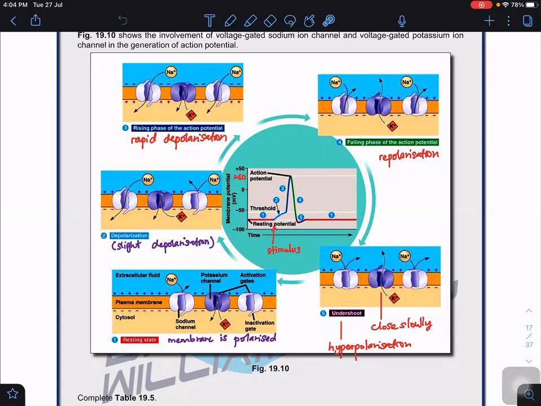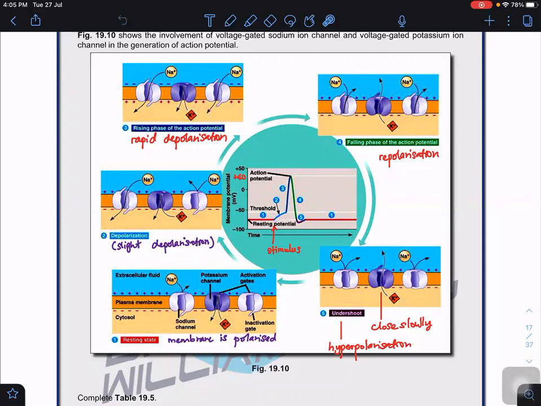When there is a stimulus, an action potential will be generated, provided that the receptor potential can reach the threshold value. At phase number 2, we call it a slight depolarization, characterized by the entry of sodium ions, which increases the membrane potential.